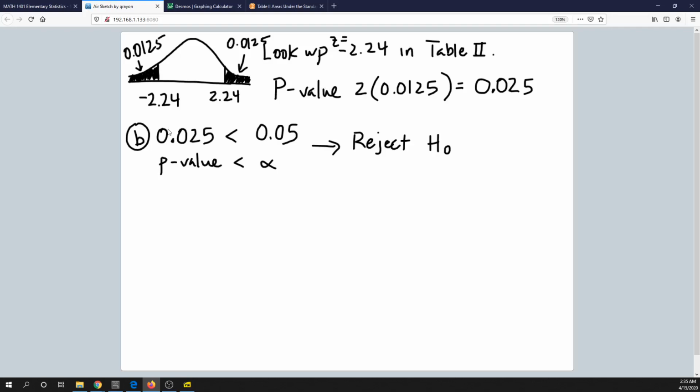So that's pretty rare. And this is the cutoff, the level of significance. If we get a probability less than this alpha, then that's rare enough that we're going to reject the null hypothesis and go with the alternative hypothesis. All right, so that's the significance of that.